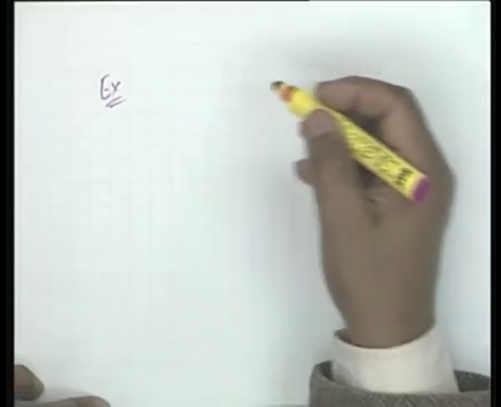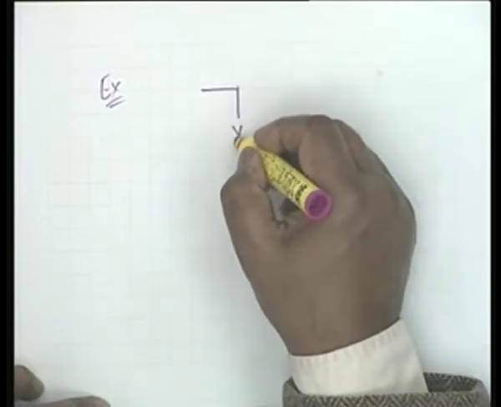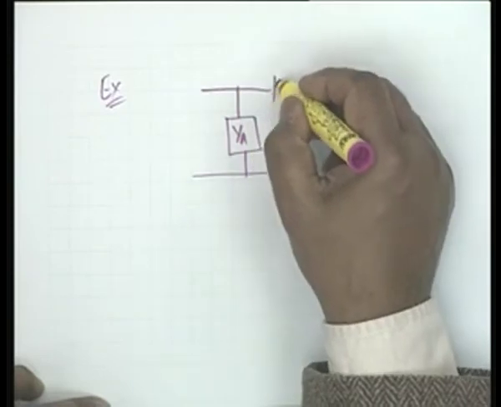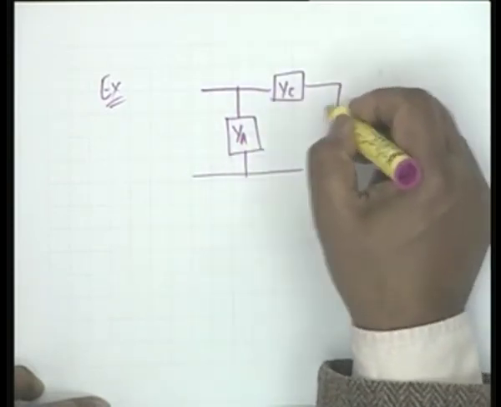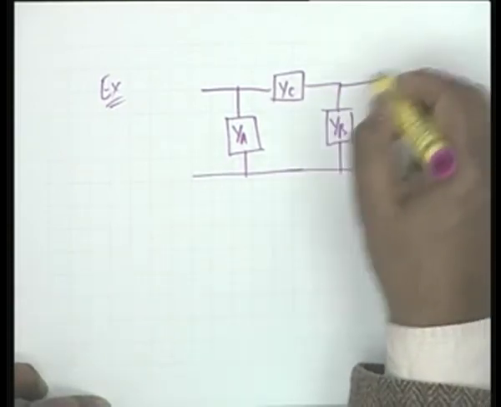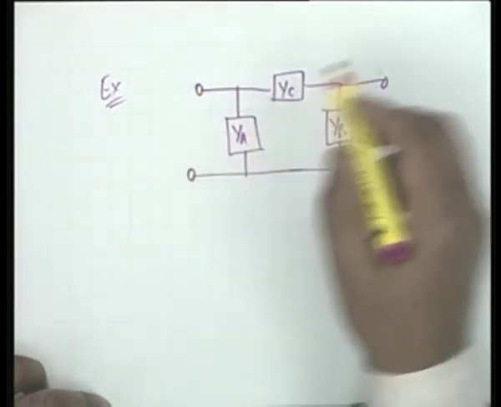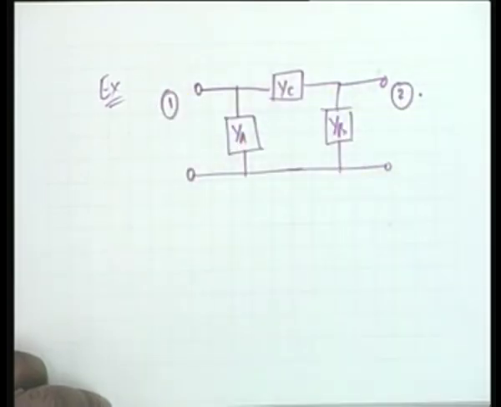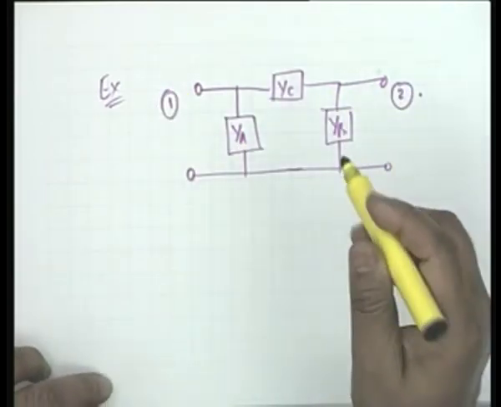Suppose we take the familiar pi network YA, YC, YB. This is port 1 and port 2. The first thing we do is H11.